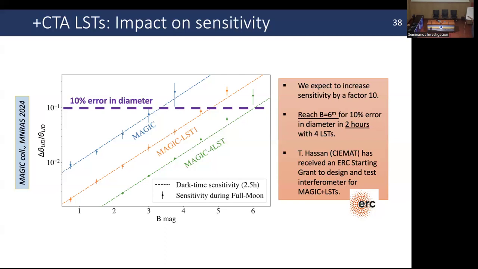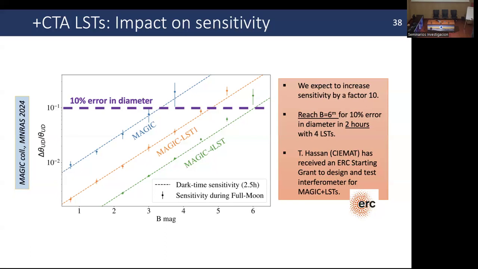If you also use the LST1 telescope together with MAGIC, you can go to weaker stars, 4.8 magnitude. And if you go to the 2 MAGIC plus the 4 LSTs, you can go down to almost 6 magnitude. Okay, these are very bright stars, right? Magnitude 6 is a very bright star, but still you see that there's a huge increase of sensitivity when adding the 6 telescopes.